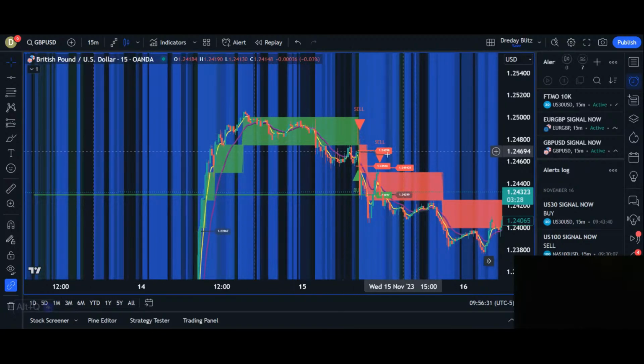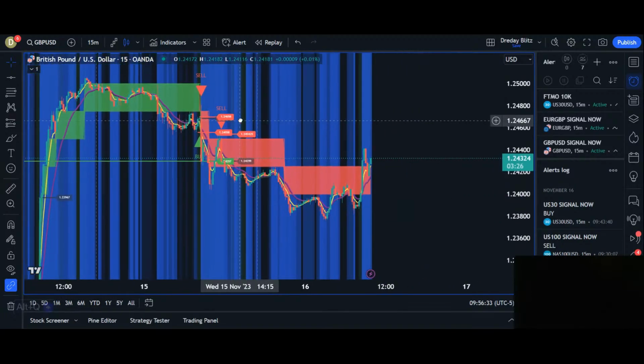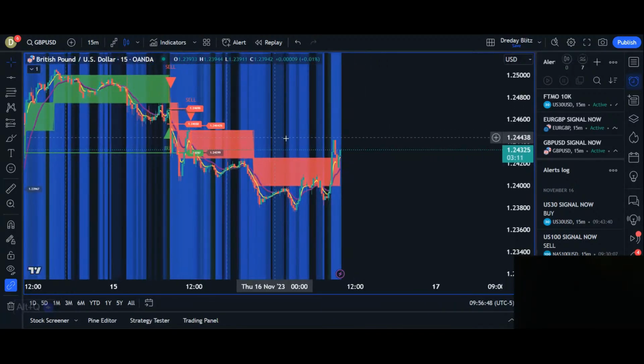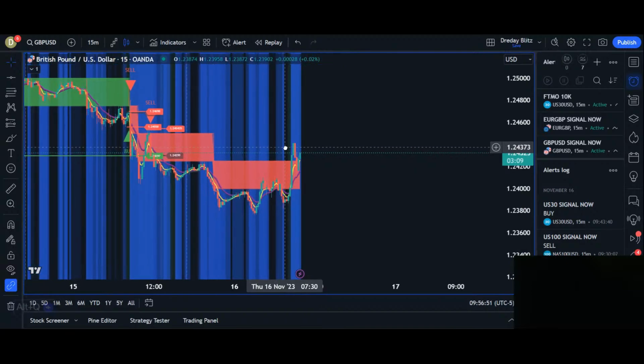Now we have GU. GU had a few sells yesterday morning, so 8:15 and 11, and the trades are still running here.